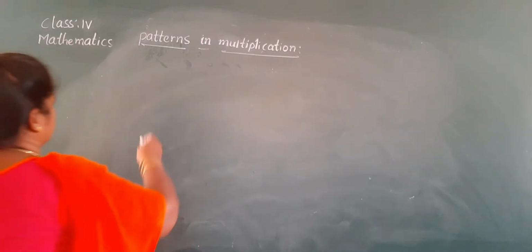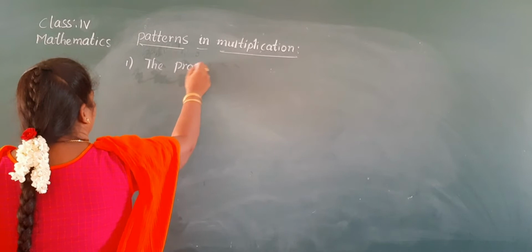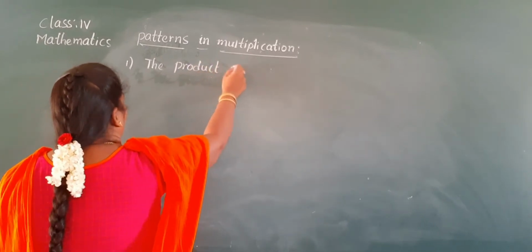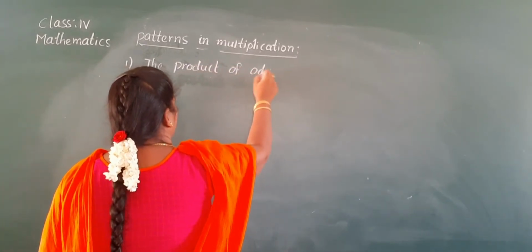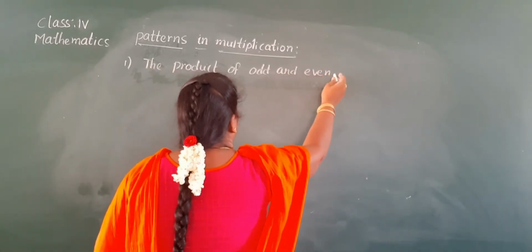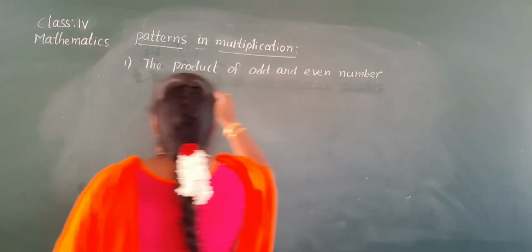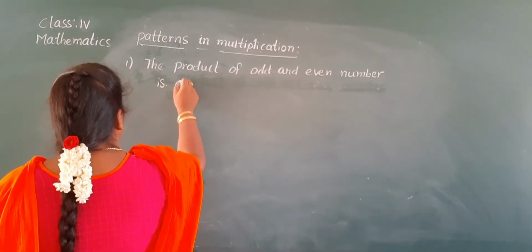So I'll make it simply in steps. The product of an odd and even number is an even number.